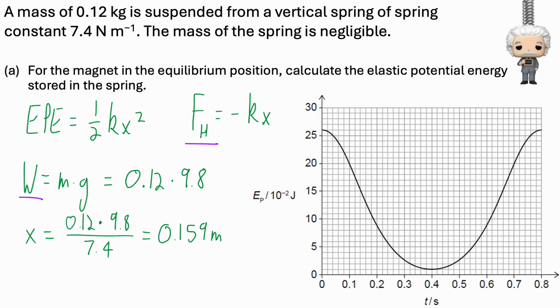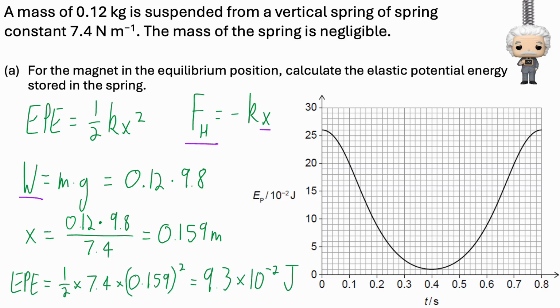Rearranging Hooke's law to find x gives us an extension of 15.9 centimeters or 0.159 meters. When we put that into our first equation for elastic potential energy, that gives us 9.3 times 10 to the minus 2 joules as the answer for A.